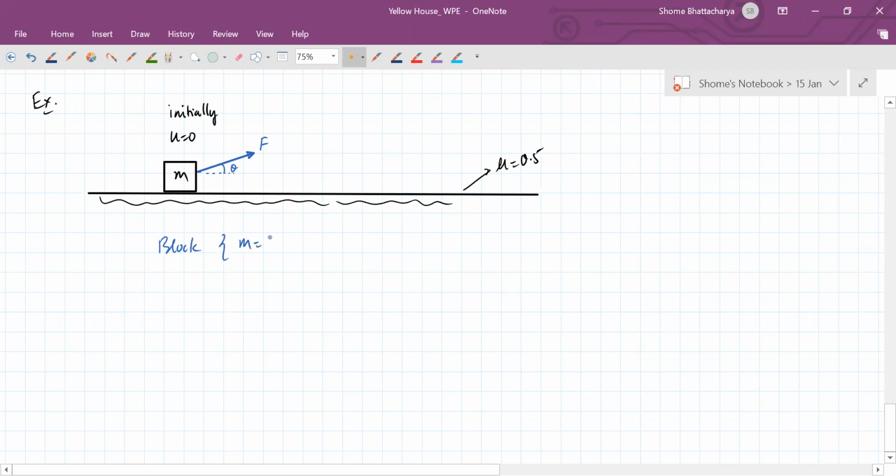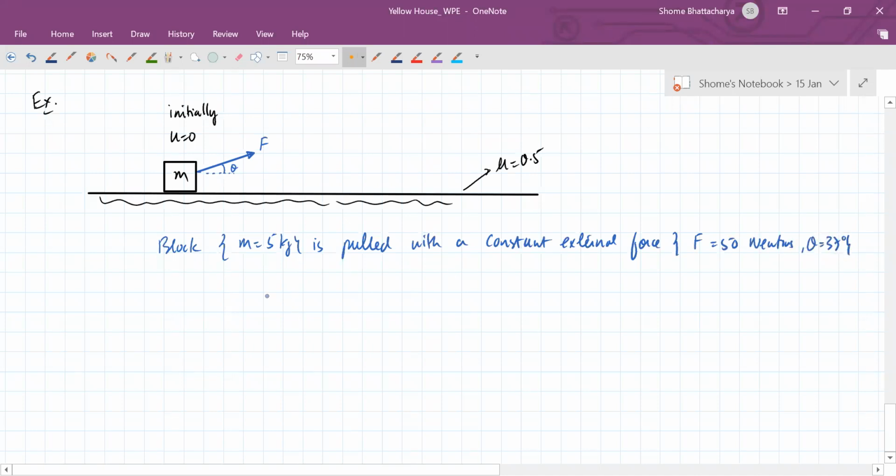So the block of mass 5 kilograms is pulled with a constant external force of magnitude 50 newtons, acting at an angle of 37 degrees to the horizontal.